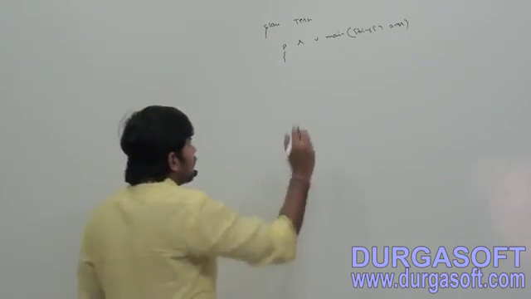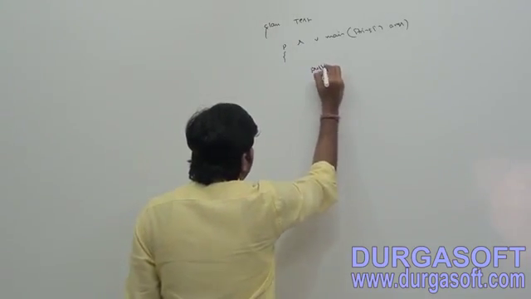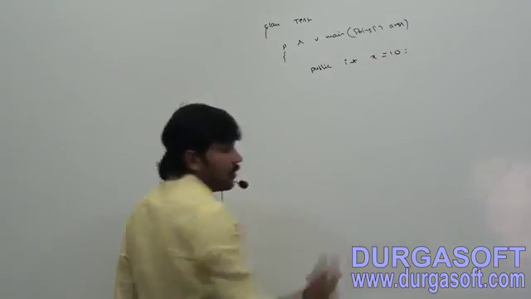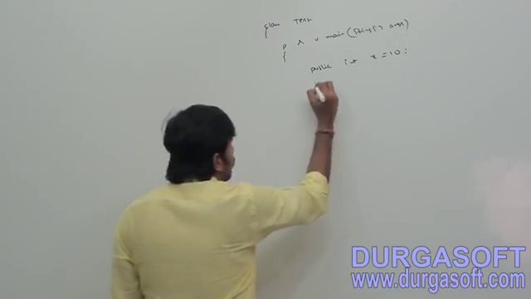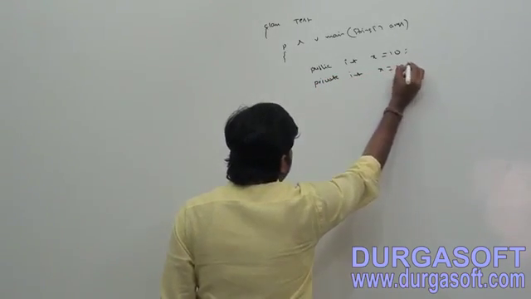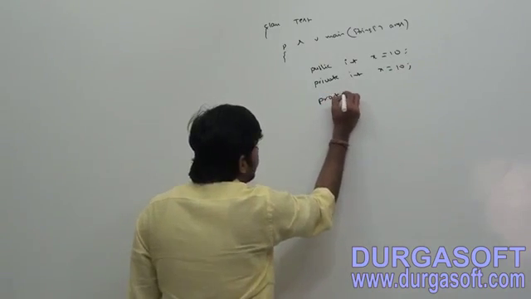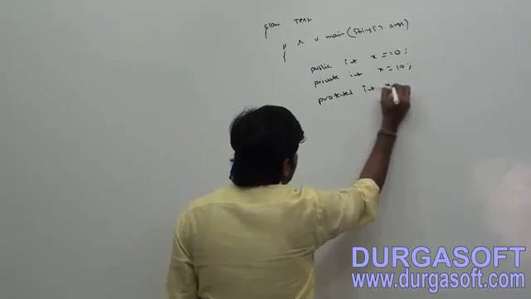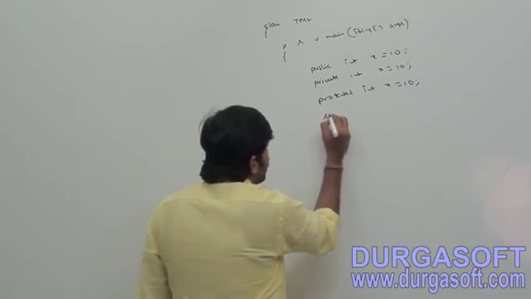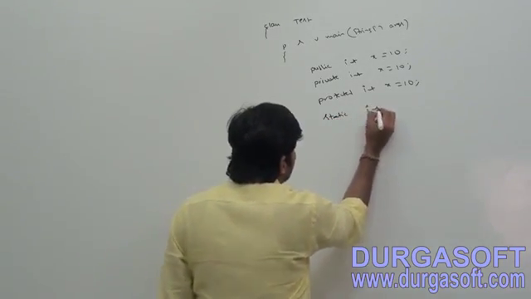Now observe, I am taking public int x is equal to 10. Private int x is equal to 10. Protected int x is equal to 10. Static int x is equal to 10.